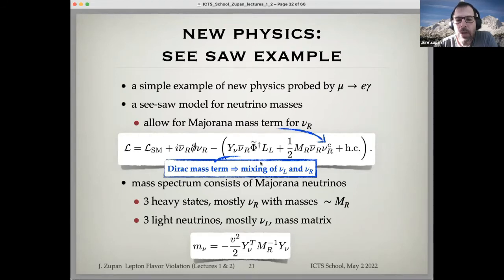So on top of the Yukawa term, which takes you from the right-handed neutrinos to the left-handed lepton doublets, there's also a Majorana term that we can write down. These guys are gauge singlets, but they are also just Weyl fermions.